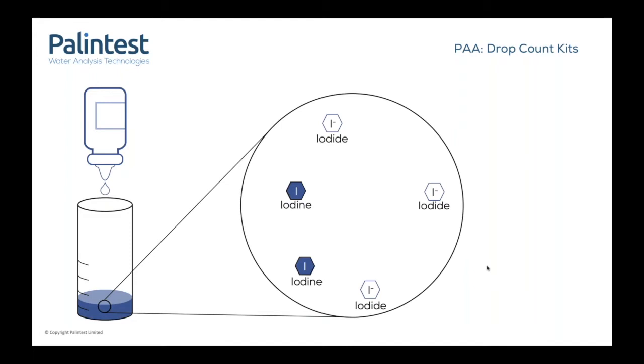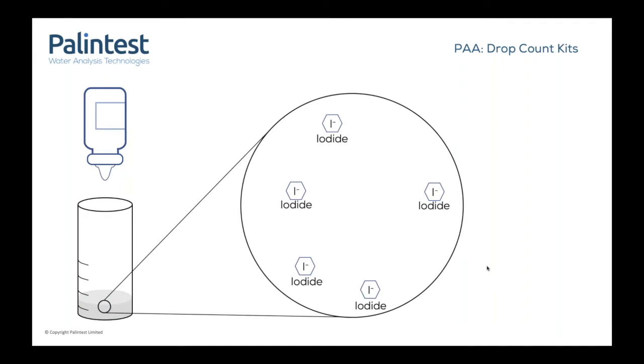Then we add our titrant, which is the last stage. Usually this titrant is thiosulfate, so we add a drop that introduces the thiosulfate into the sample, and the thiosulfate then reacts with the iodine and turns it back into iodide, which is the colorless compound. And we keep adding drops until all of our thiosulfate has reacted with all of our iodine, and our blue sample goes colorless.